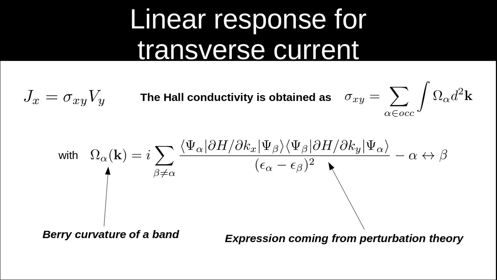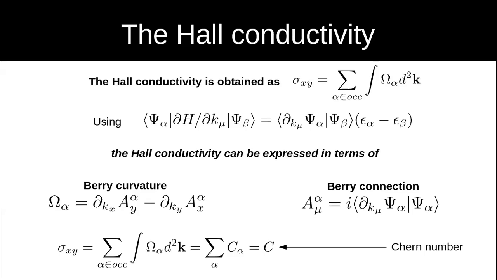And what is interesting is that one can actually write this Hall conductivity as an integral over the Brillouin zone, so as a sum over all the states in the reciprocal space of this very specific object. Now, maybe the most interesting thing is that this object can be rewritten in a way where there's no explicit dependence on the actual energies of the system.